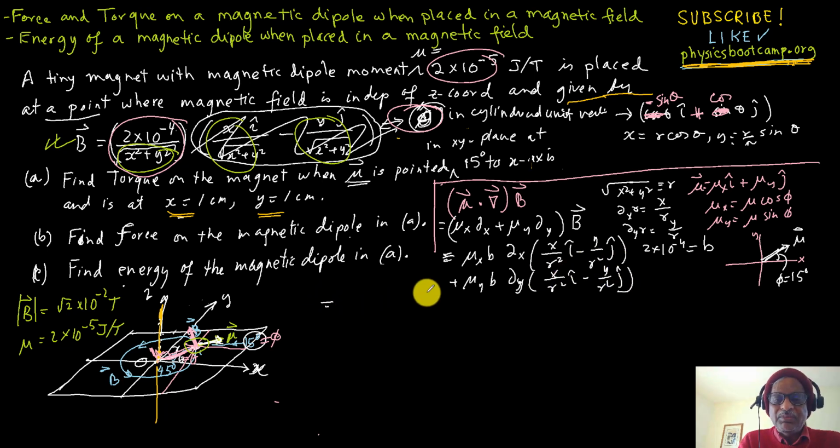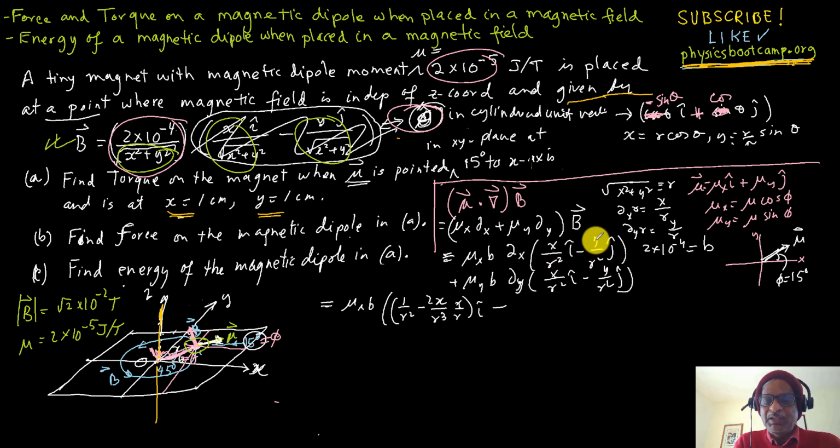And then we can carry that out, mu x b, and go inside. Numerator just gives 1 over r square, and then we have a minus 2x over r cube, and then x over r, and this is i hat. And then we could do this out. Numerator gives me 0 first, and the denominator gives me y times 2x, minus becomes plus, over r cube j hat. So this is from the first one.